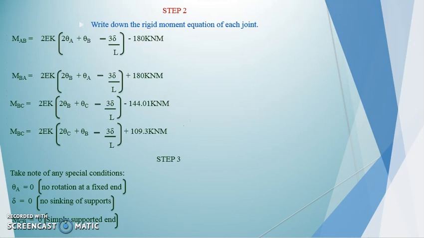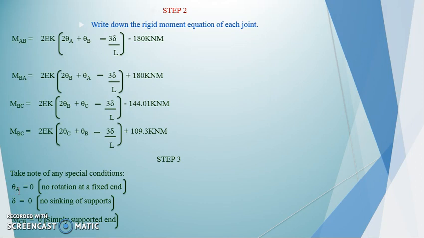Then we have step 2. Write down the rigid moment equation of each joint. We already derived that before, but here you have to substitute the fixed end moments you already have from the analysis of fixed end moments. So at this point you already know what we have here. Then you get to step 3. Take note of any special condition.